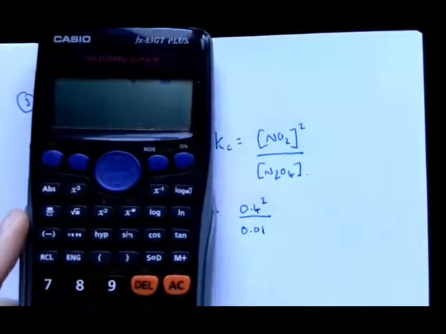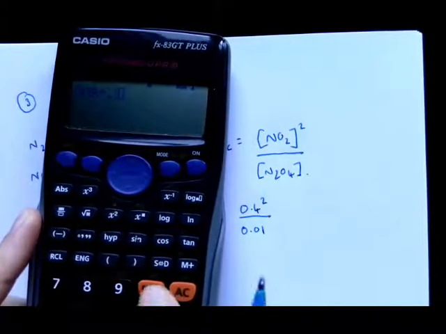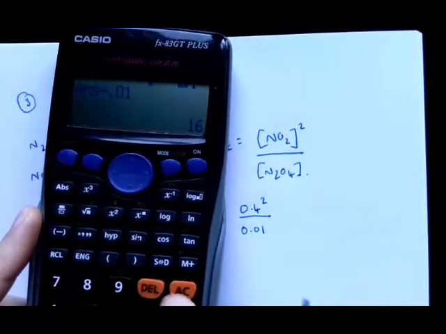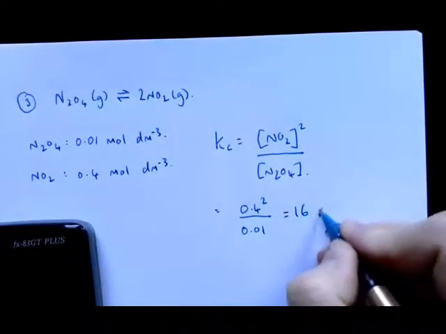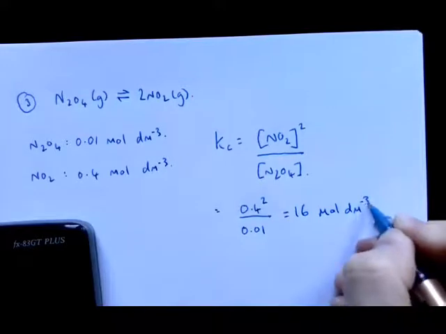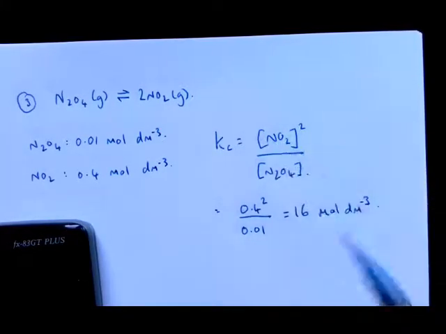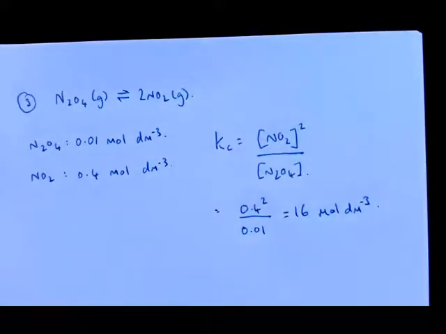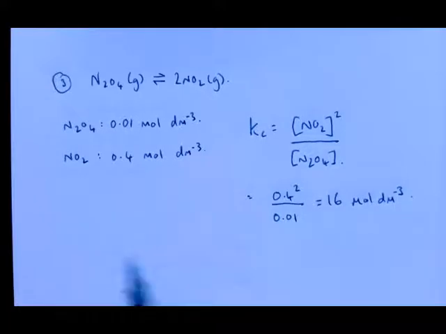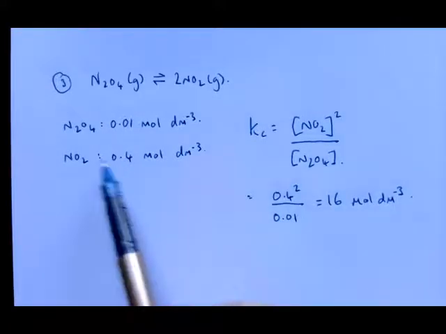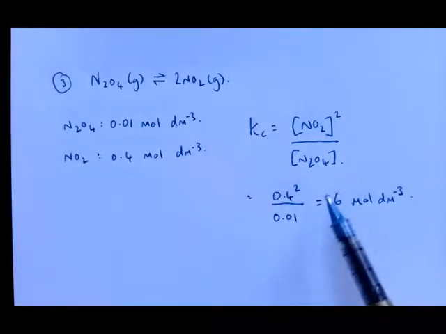Oh, there it is. 0.4 squared divided by 0.01 gives me 16. And the units for this are moles per decimeter cubed, because the 2 is cancelled by that, so you just have the units of concentration. You can work it out all the way through if you want to. Now, that shouldn't be a surprise, because the concentration of NO2 is much larger than the concentration of N2O4, so we'd expect this value to be larger than 1.